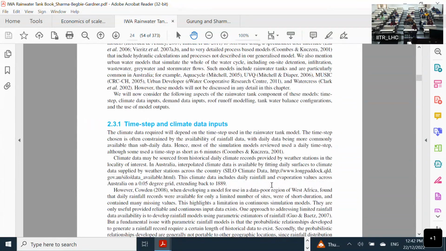And this is a site I was talking about, from where you can get the climate data for any location, but I'm not sure whether that will meet the requirement over here, whether it covers the geographical area locally. But you can check the site and see how they have generated climate data for every location based on interpolating between the different rain gauges.